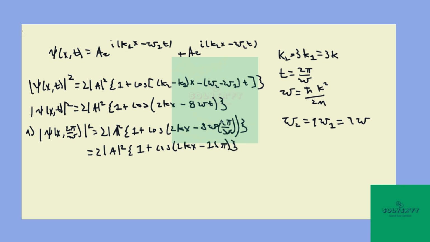Okay, these omegas cancel. 8 times 2 is 16, left with pi.